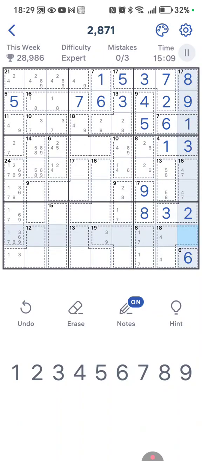So what's going to go in here? 1, 2, 3, 4. This is a 5. 6, 7, 8. So this is 4 and 9.